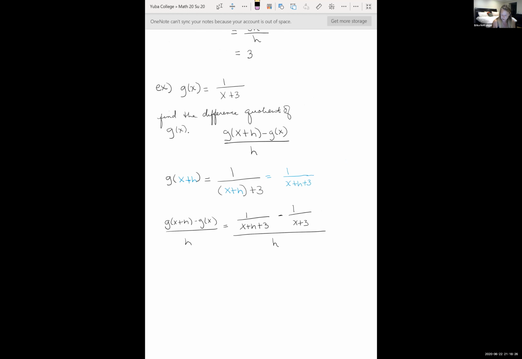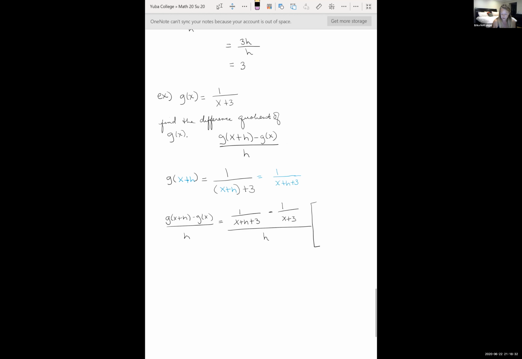I prefer to multiply by the fancy one, and we kind of did this with solving equations to help us. Let's look at the LCD of those two fractions. Unfortunately, they don't have a common factor. Our LCD is the factor x plus h plus 3, all times x plus 3.